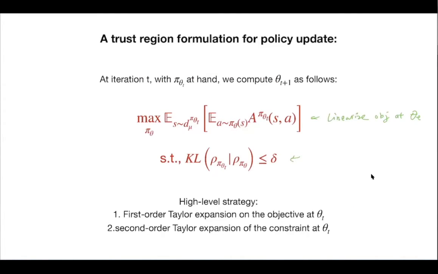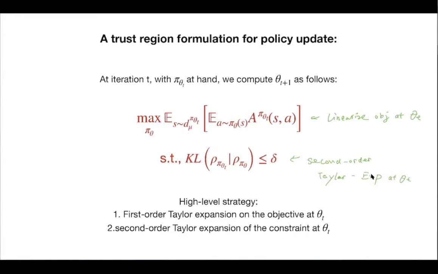And I want to do a second order Taylor expansion on this KL constraint. The hope is that I get a linear objective function after the first order Taylor approximation, and I get a quadratic constraint after the second order Taylor expansion.